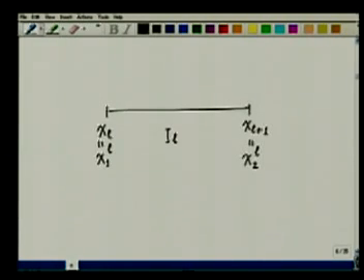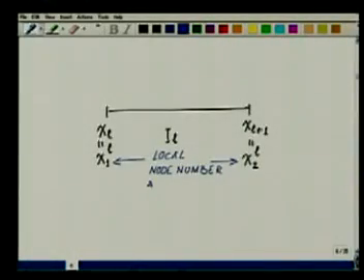And x1 for the element L will be equal to the global node xl, or the coordinate, and the x2 will be the global node xl plus 1. So this, you see, we'll give it a name, this is the local node number and coordinate.